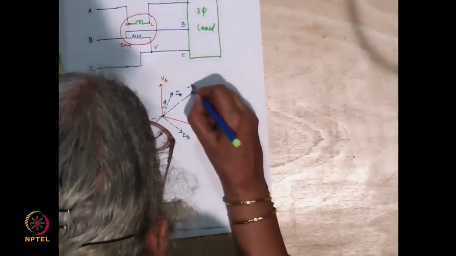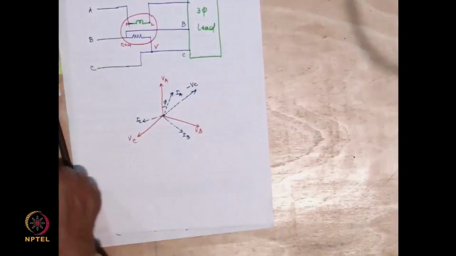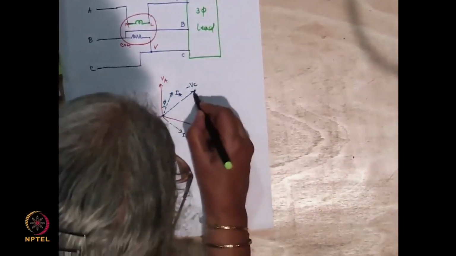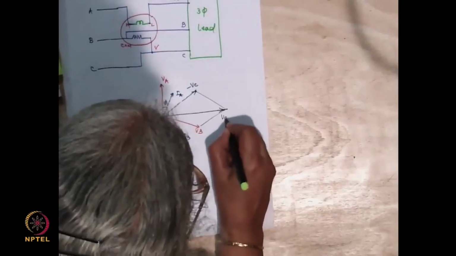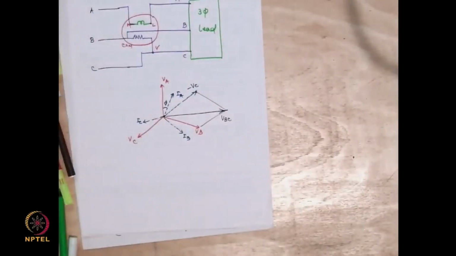This is minus VC. So I can write this as VBC. Right? So what I have done is to apply VBC to the potential coil, whereas IA is the current that is flowing through the current coil.